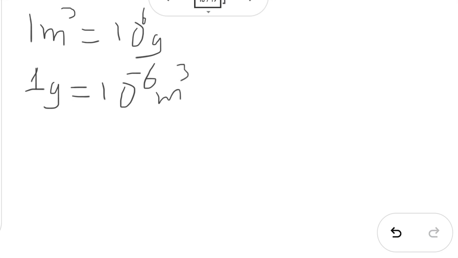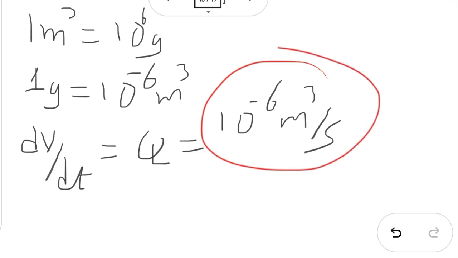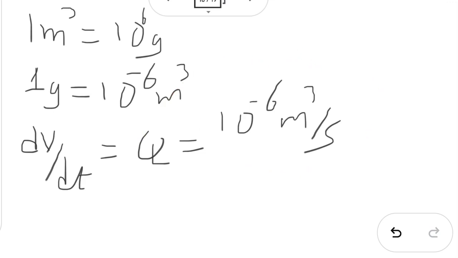If that is the flow rate that we have, then the flow rate in terms of the volume, which is our Q, becomes 10 to the minus 6 cubic meters per second. This is the flow rate that we work with, and it is the value that we're going to substitute to determine the pressure difference.